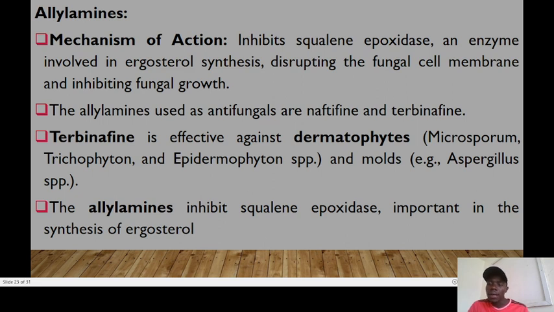Okay, the allylamines that are used as antifungals are commonly naftifine and terbinafine. Terbinafine is effective against the dermatophytes, right, and the molds. The allylamines inhibit squalene epoxidase, which is very important in the synthesis of ergosterol.